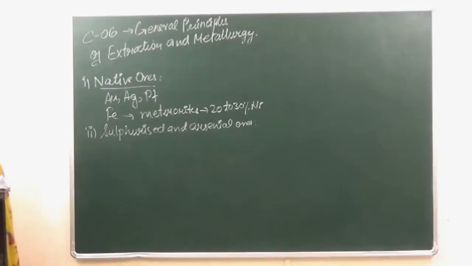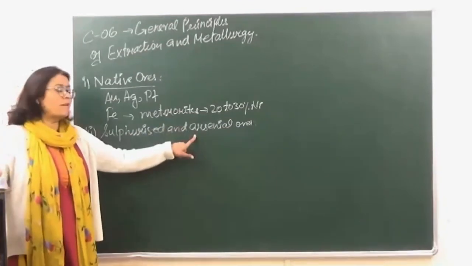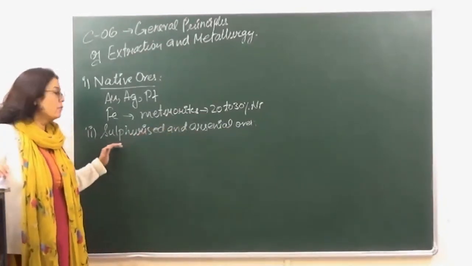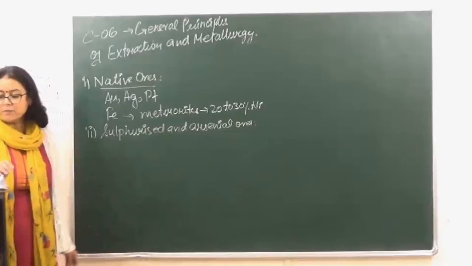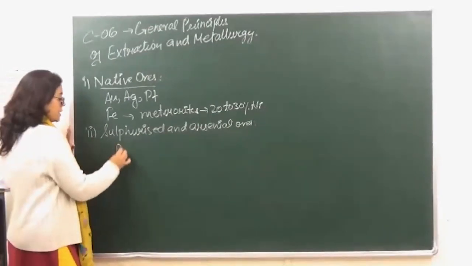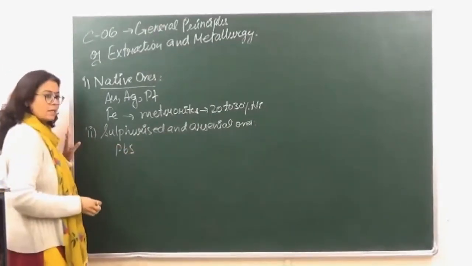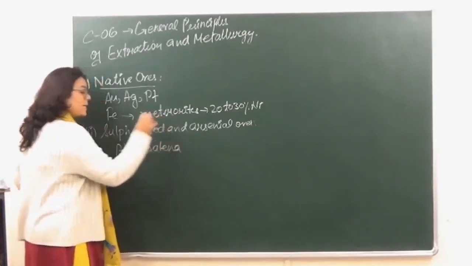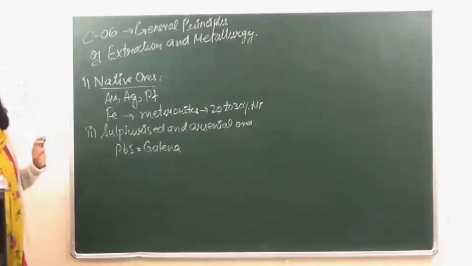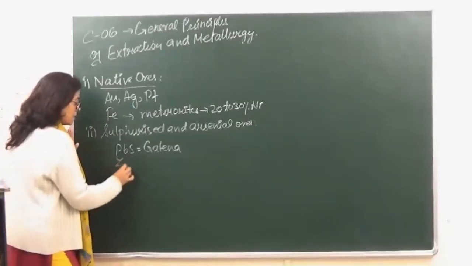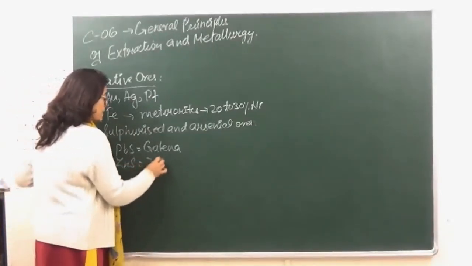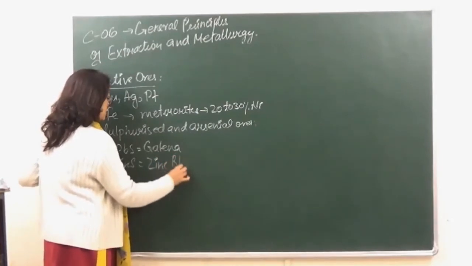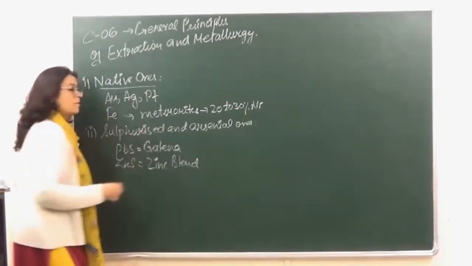Arsenical, whatever you want to call it. These are in the form of arsenic and these are in the form of sulfides. Examples: PbS, which is known as galena. Then ZnS, which is known as zinc blende.